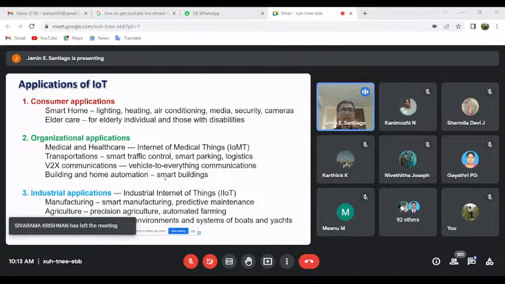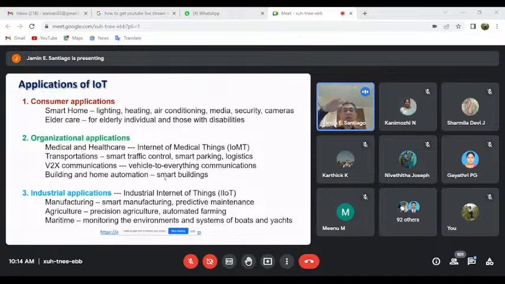But the main thing is, it depends on the level of automation and the cost that you're willing to take in terms of IoT. If you want to do this as part of research, as part of projects in the college or in the university, it can be done. But as we go high up into the flow of data, there are some difficulties, but it is not too difficult.